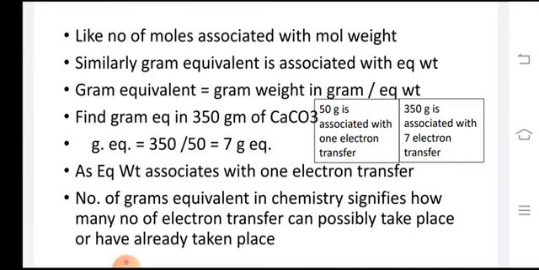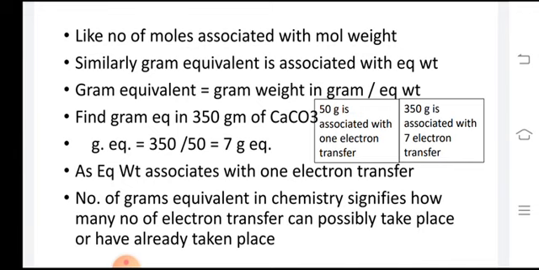In the equivalent weight case, we only discussed one-time transfer of electrons, one electron moving from sodium and joining the chlorine outer orbit. So what was it going to give us? It was one-time electron transfer. Next to it, we have now found the gram equivalent.